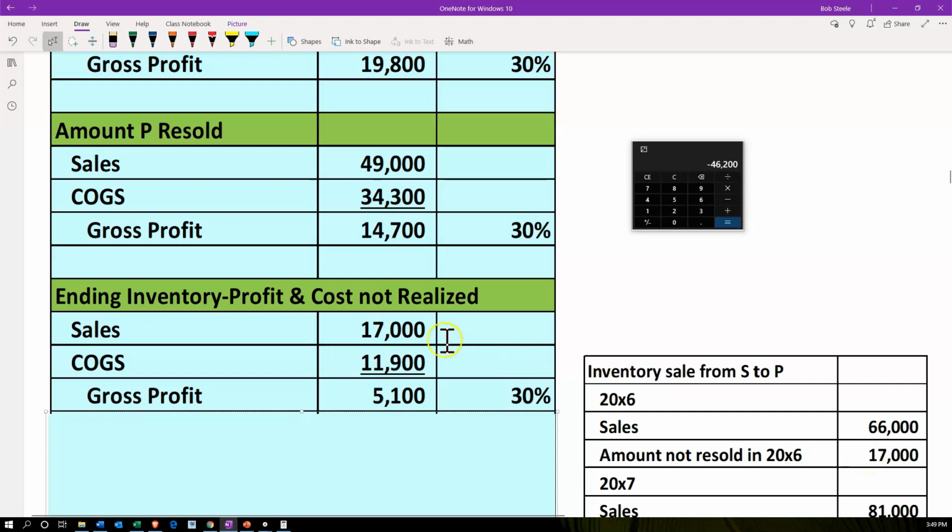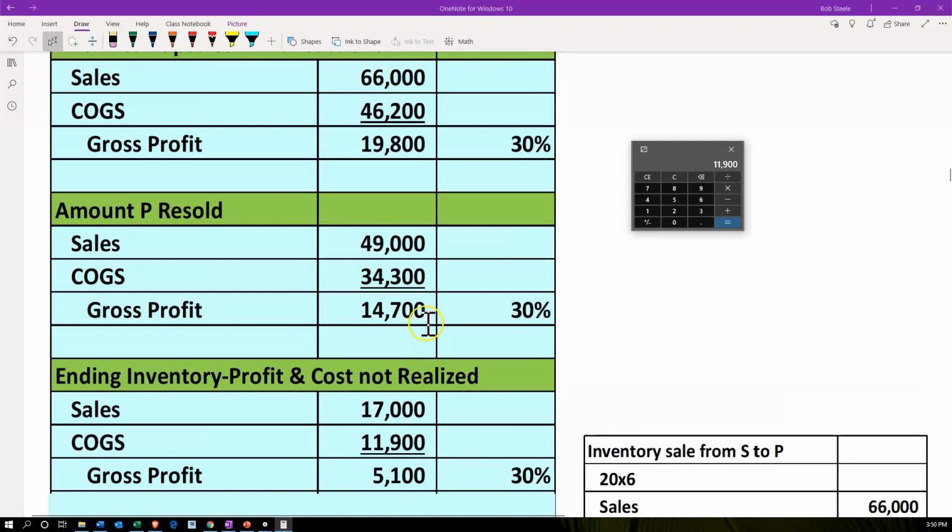So if they give us this amount, we multiply it times the gross profit, the 30% again. 17,000 times 0.3 is going to give us that 5,100, and then the cost of goods sold will be the difference. So let's do that again. We've got the 17,000 minus the 5,100. That's going to be the 11,900.